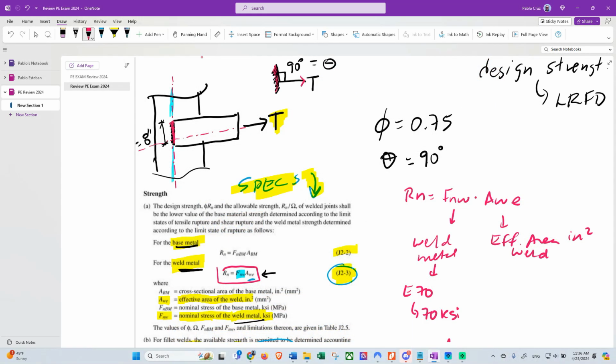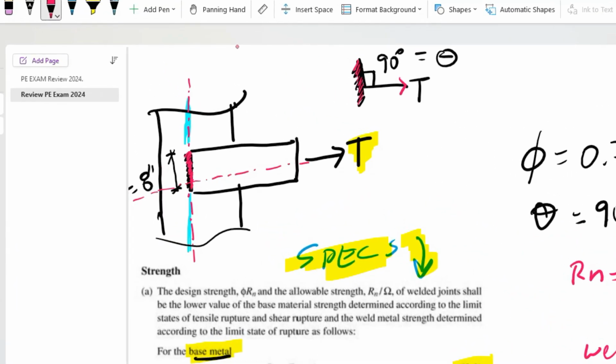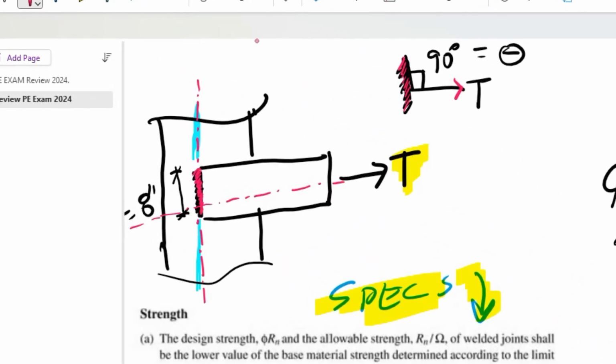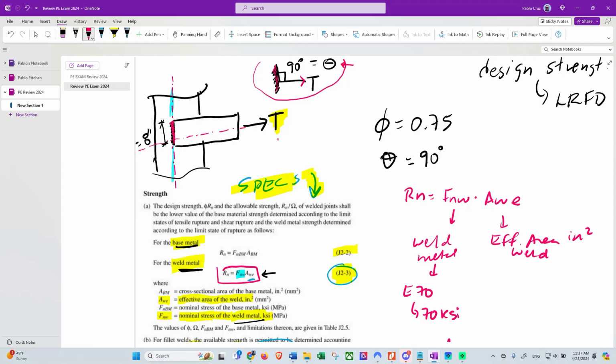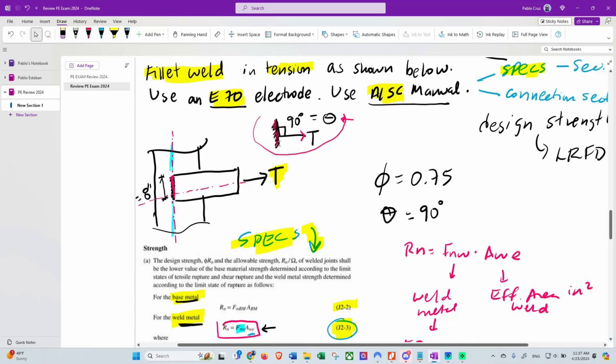Between the axis of the welding and the axis of the force, we have an angle. So I just drew here the tension force, the welding, and the axis of the welding, and then we have an angle there. We need to calculate an additional modifier value.